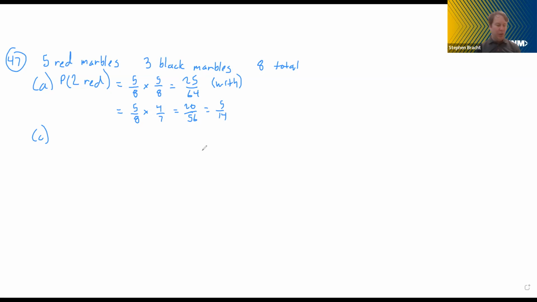So when we're trying to just find the overall probability of 1 red and 1 black, we have to factor in both of those orders, right? So what we're going to do is start by finding the probability of getting red on the first draw and black on the second draw.